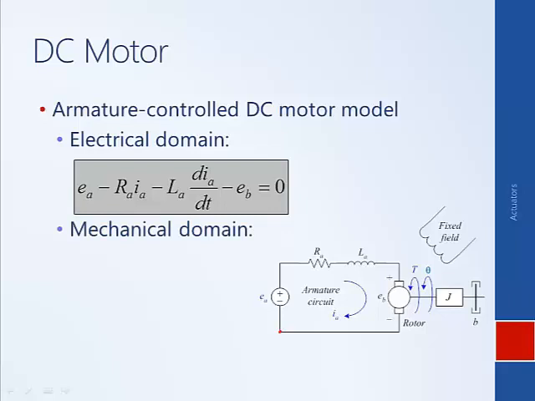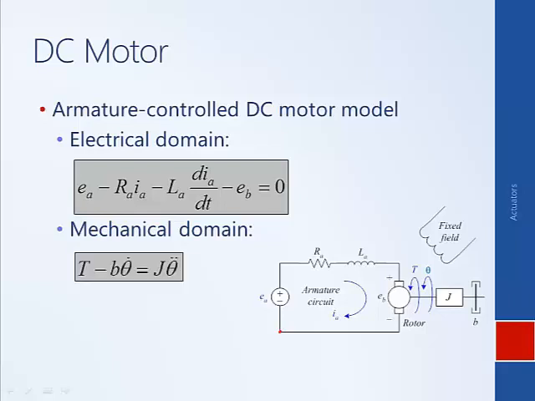We can also model the mechanical domain of the motor, the mechanical aspects of the motor. Again, thinking back to earlier lectures, in essence we can apply Newton's laws or Euler's laws. So we have this single inertia. We can draw a free body diagram and then write the equation of motion as sum of the moments equals J alpha.